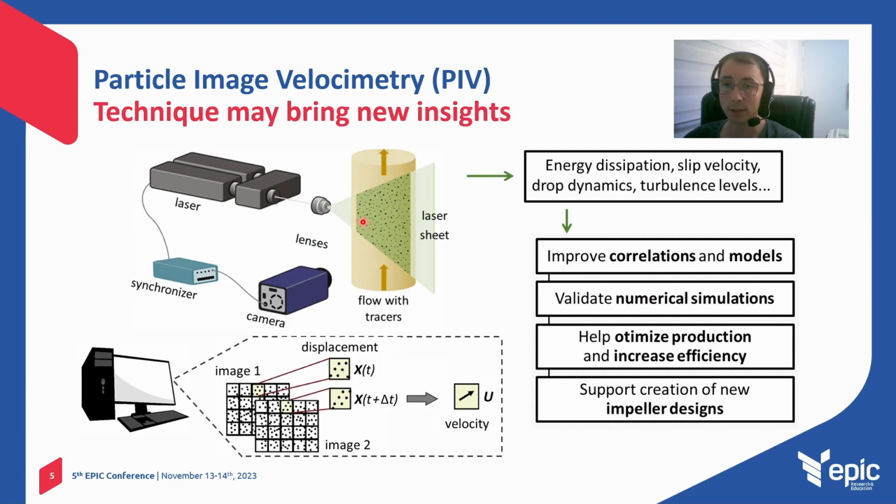In this context, we intend to use the particle image velocimetry, or PIV, to bring new insights about the fluid inside the pump, and then through these measurements made with PIV, we can, for example, investigate the energy dissipation, slip velocity, drop dynamics, turbulence levels, among other quantities inside the pump.